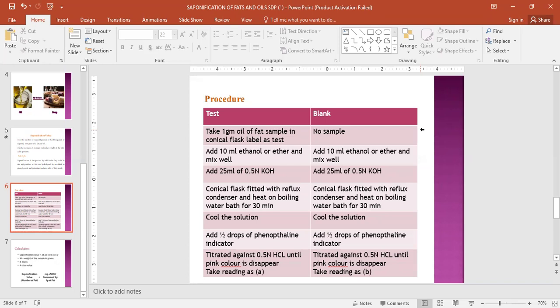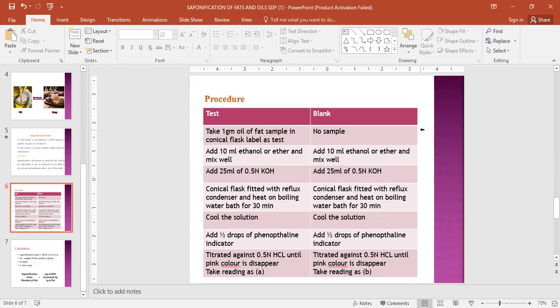So what is the blank? The next procedure is for the blank. Take the reading for the blank solution, that is B, and B is how many ml of HCl is required to neutralize the excess 0.5 normal KOH present in the blank solution.